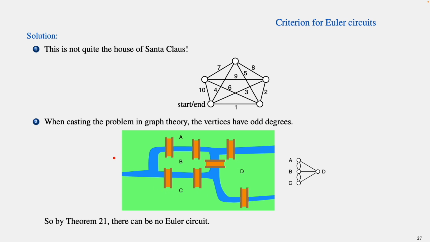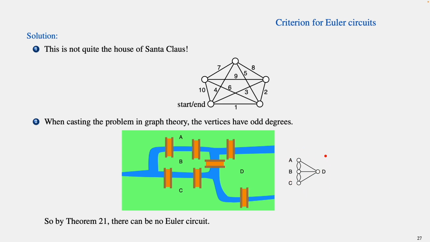And Euler basically asked the question, can I walk through the city using each bridge precisely once and arriving at the same point where I left? So in other words, he asked, is there an Euler circuit in the city of Königsberg if we take the parts of the city as the vertices and the bridges that connect them as the edges?